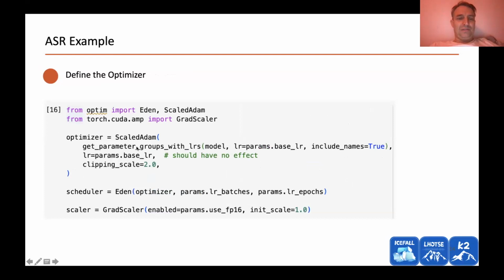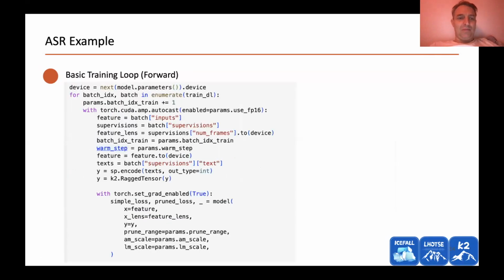We have a different optimizer. It's like Adam, but it tries to be invariant to the scales of different tensors, so the learning rate is proportional to how big each tensor is. The training loop is like a normal PyTorch training loop, except it has a few things about mixed precision and a few other issues.